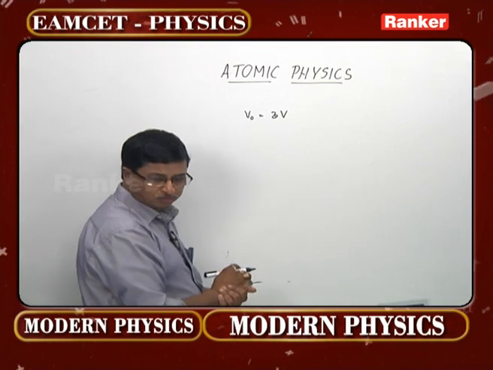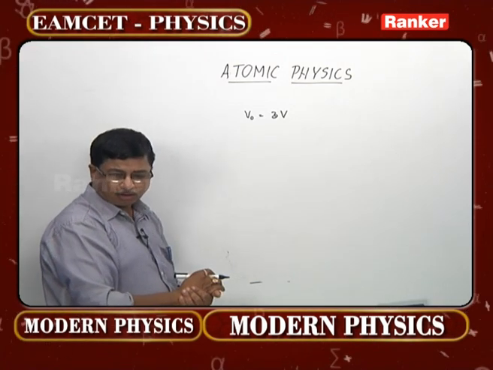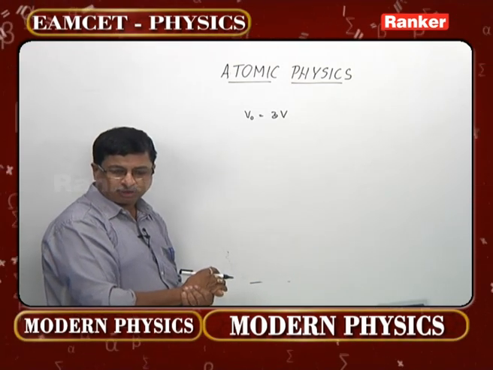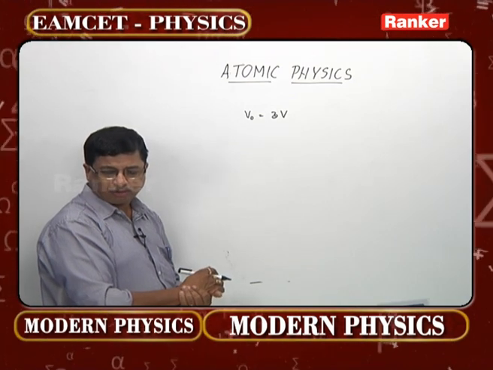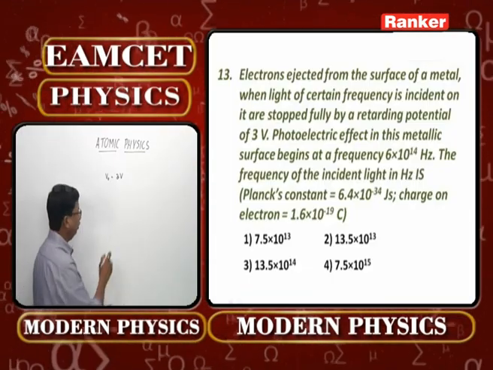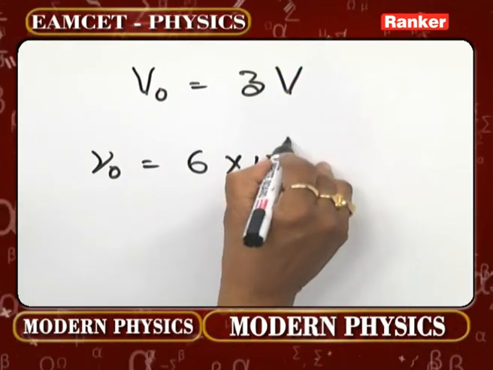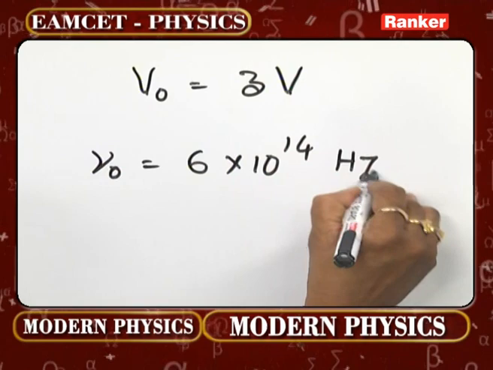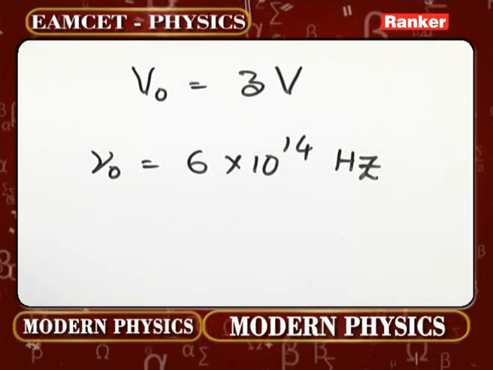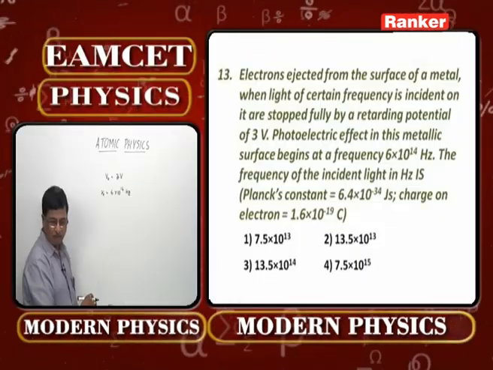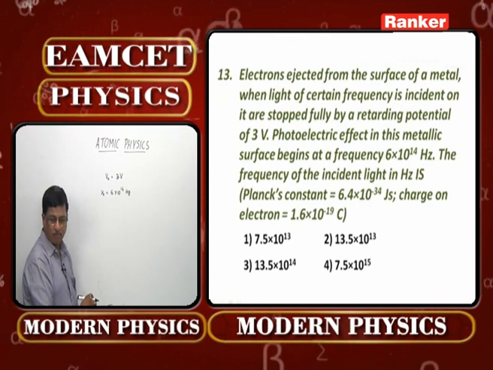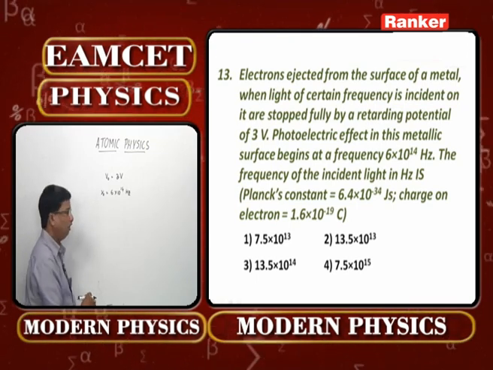Photoelectric effect in this metallic surface begins at a frequency 6 into 10 to the power 14 hertz. You can understand this one is called nu naught. This is what is called threshold frequency. And what next he is asking you? What is the frequency of incident light in hertz as such?